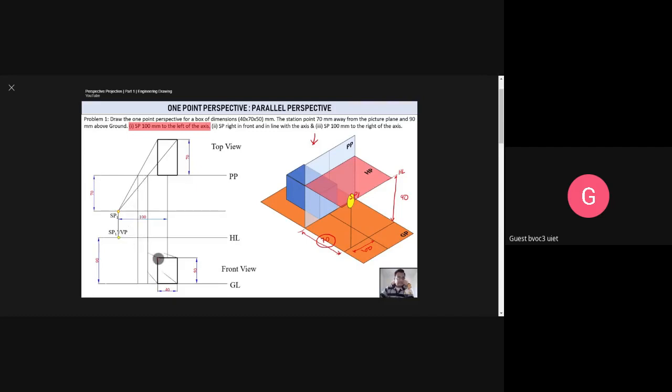Fine, and then just connect them with the vanishing points, all these 4 corners, and here it is. Let me just mark them. Let's say this is A, B, C, and D. It will be much better. This is the front view, isn't it? This is going to be A dash, B dash, C dash, and D dash. That's A, B, C, and D, isn't it?